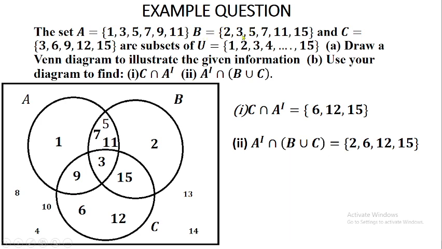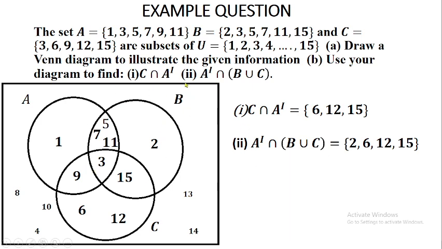Set B: 2, 3, 5, 7, 11, 15. Set C: 3, 6, 9, 12, 15. They are subsets of the universal set U having elements 1 to 15. A, draw a Venn diagram to illustrate the given information. B, use your diagram to find this and this. This is the question given to them.